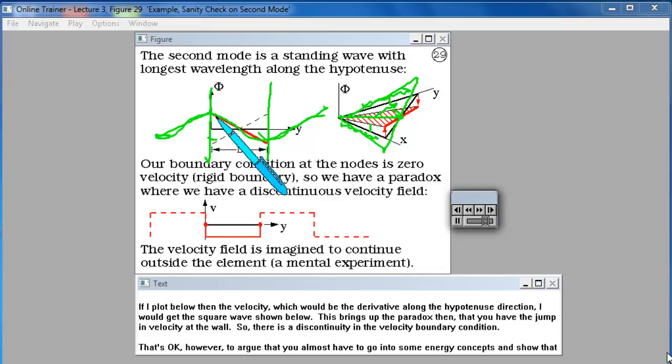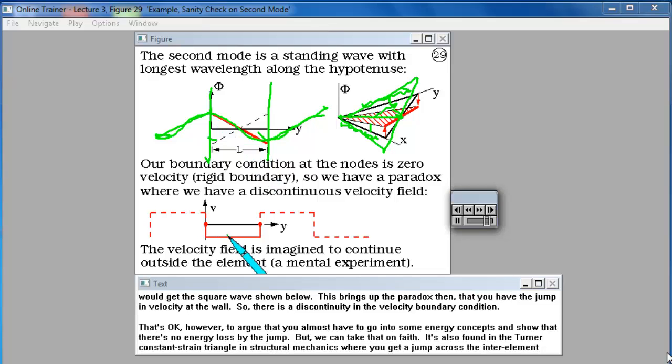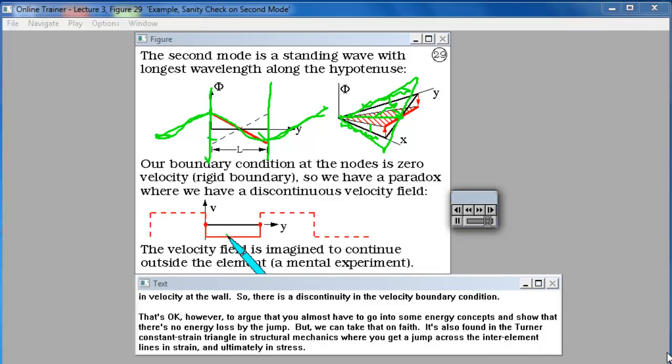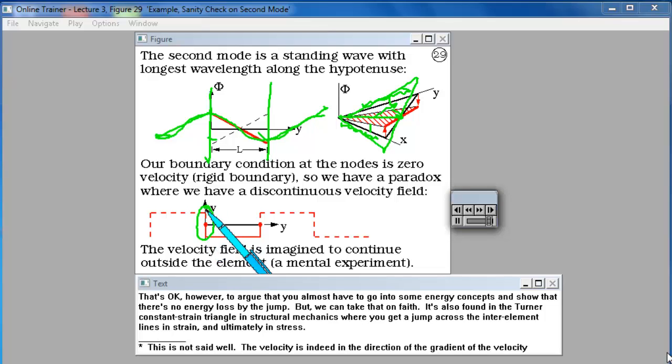If I plot below then the velocity, which would be the derivative along the hypotenuse direction, I would get the square wave shown below. And this brings up the paradox that you have the jump in velocity at the wall. So there's a discontinuity in the velocity boundary condition.